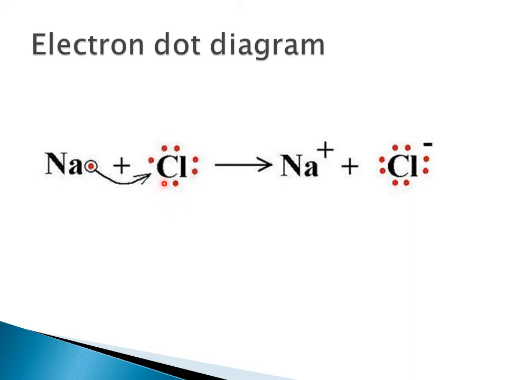Sodium gives its 1 electron to chlorine atom and changes to Na+ ion. Chlorine atom accepts that 1 electron and changes to Cl minus ion, that is chloride ion. This is known as the electron dot diagram, and here we represent only the valence electrons, and you know the valence electrons are only taking part in the chemical reaction.